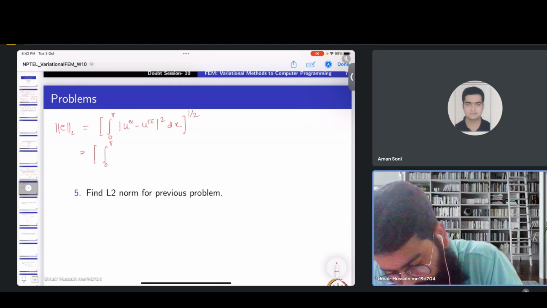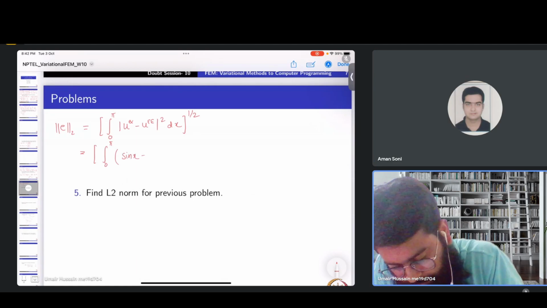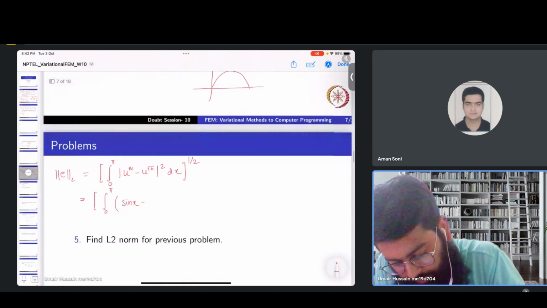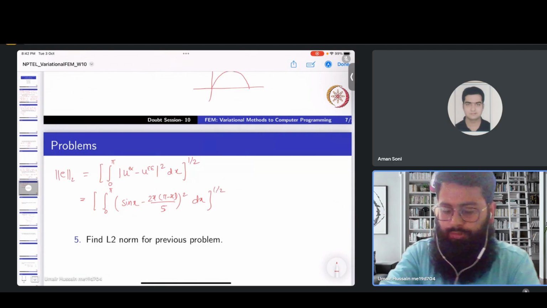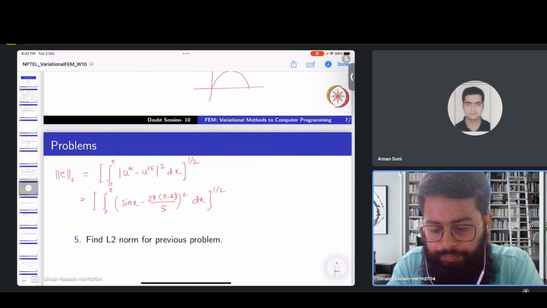We have the integral of sin x minus 2x times (5 minus x by 5) squared dx, root of this. So I'll just quickly do this in the calculator.